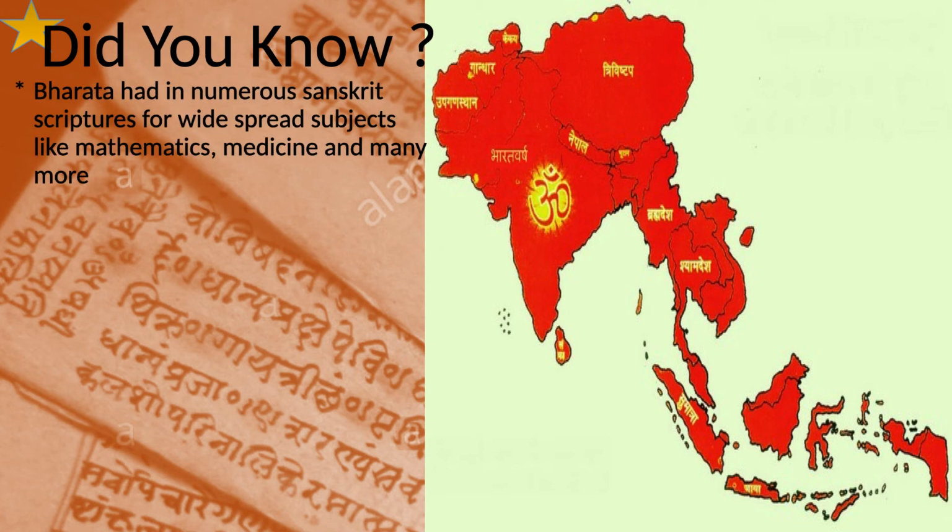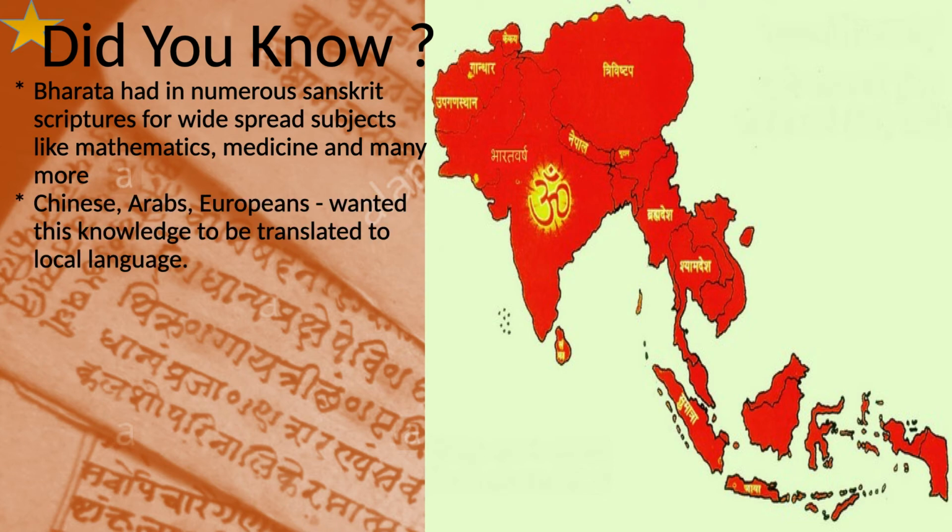In those days, we had a lot of numerous Sanskrit scriptures across widespread subjects like mathematics, astronomy, medicine, whatnot. They say some 64 subjects were there, and India had text references for all of them, in ancient India.